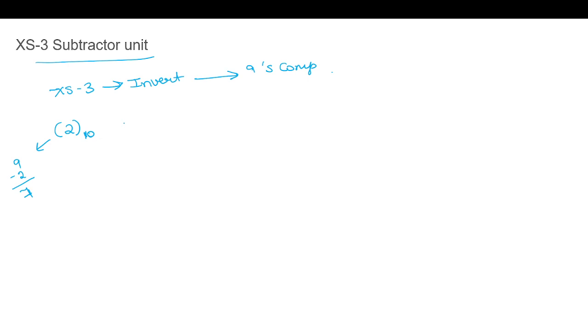Now, let's go to XS3. 0, 1, 0, 1. This is in XS3. Now, I will invert this number. We will get 1, 0, 1, 0. What is this value? Which is 10 minus 3. This will be in decimal, which is 7. So, you can say just by inverting an XS3 number, we will get a 9's complement.